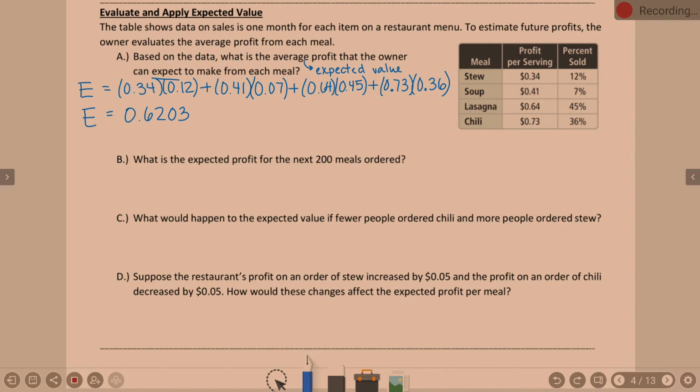Now, how should I express that answer here? 62 cents. Okay, this is the average profit that the owner can expect to make from each meal. So that is, if we round it appropriately, 62 cents per meal. I guess I should say that is 62 cents profit per meal.